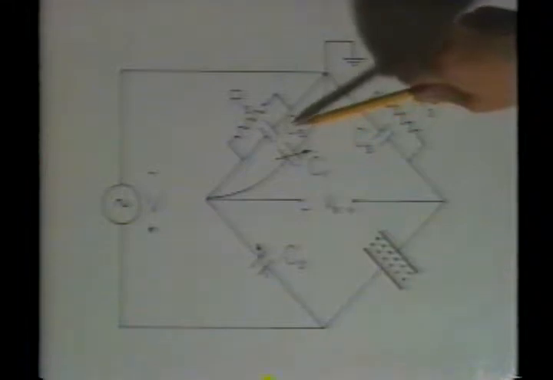To simplify the interpretation of this voltage, the resistances R sub S are made small compared to the impedance of the parallel plate capacitor. They're 100 kiloohms. As a result, almost all of the applied voltage V from the transformer appears across the lower legs of the bridge.